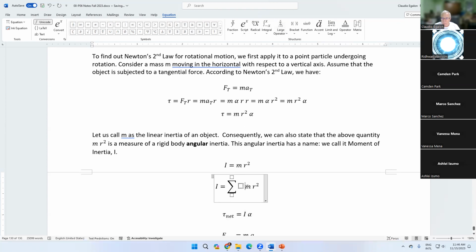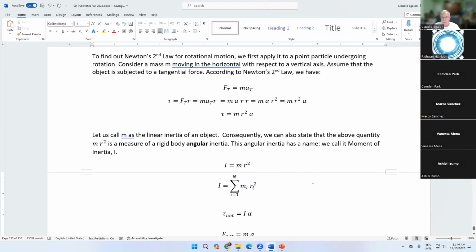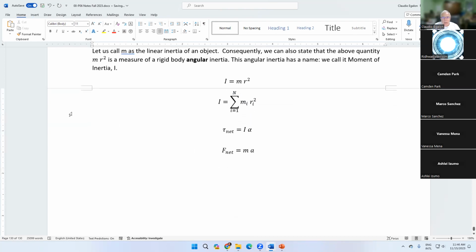Right in here, where the mass has a subscript and the r also has a subscript i. And this i goes from 1 to n. Okay? And I can here write my net torque as being something like that.